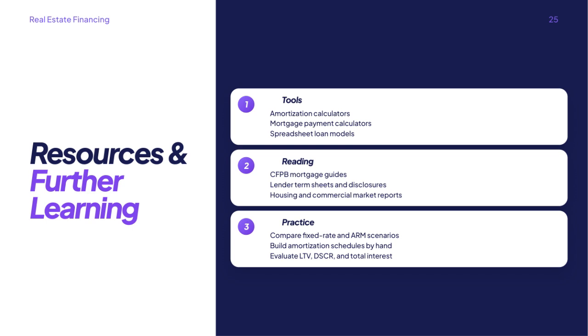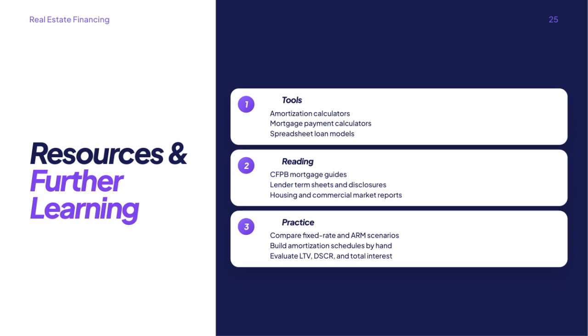You should also review lender term sheets and disclosures carefully, as these documents contain critical information that affects loan terms. Additionally, staying up to date with housing and commercial market reports can give you a broader context for financing decisions. Finally, the best way to really grasp these concepts is through practice.